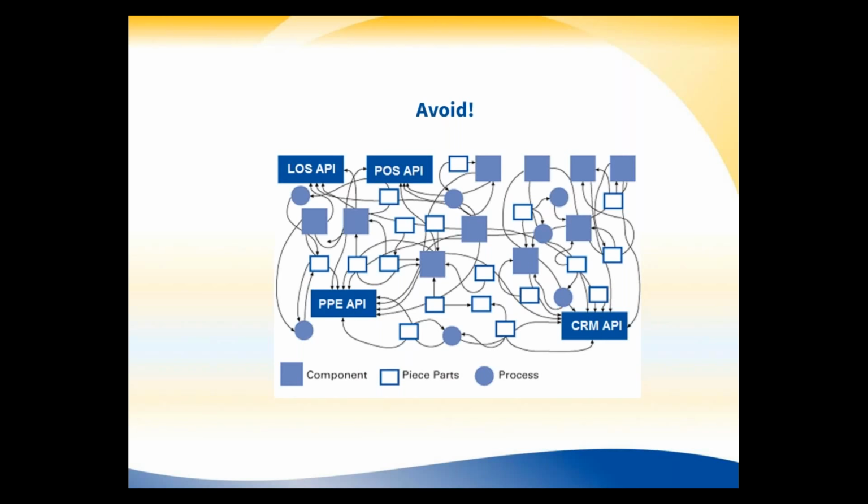For example, it's an integration of the LOS and the CRM. So the CRM is getting data from the LOS or posting data to the LOS using their respective APIs. That is a point-to-point integration. Same thing with your product and pricing engine and your LOS. That is a point-to-point integration.